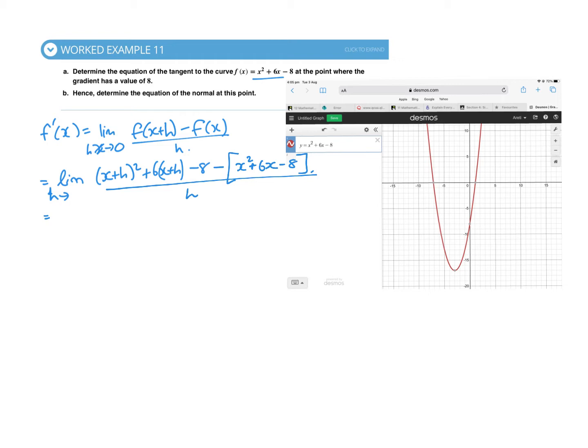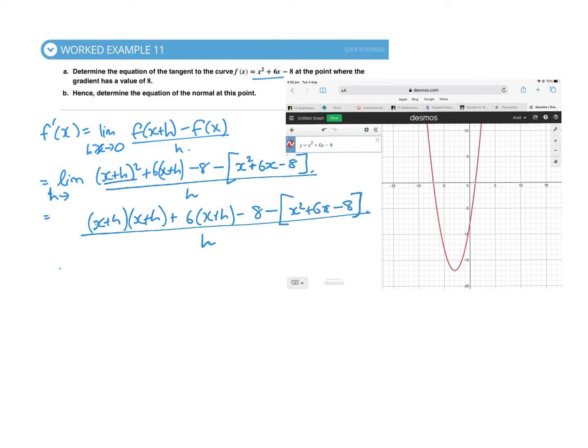So the cleanup operation now is we're going to expand the first bracket, so x plus h squared. I'm actually just going to write this all down to show you a better way of working, minus all of x squared plus 6x minus 8 over h.